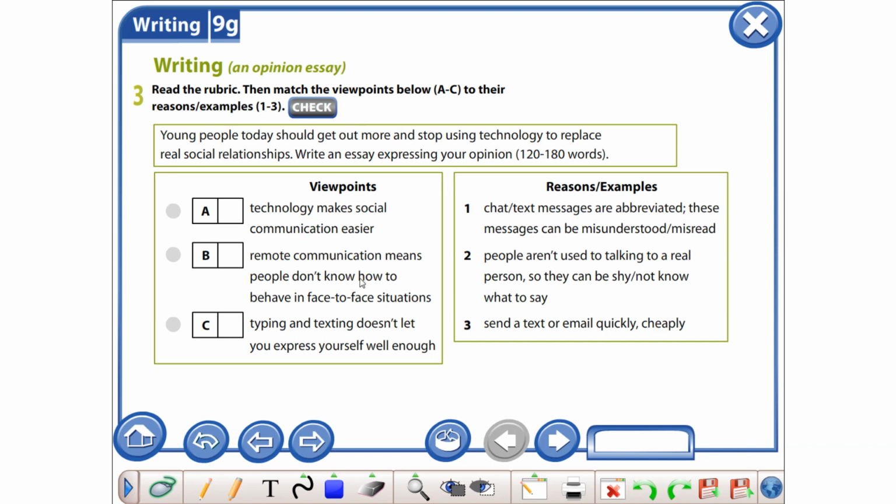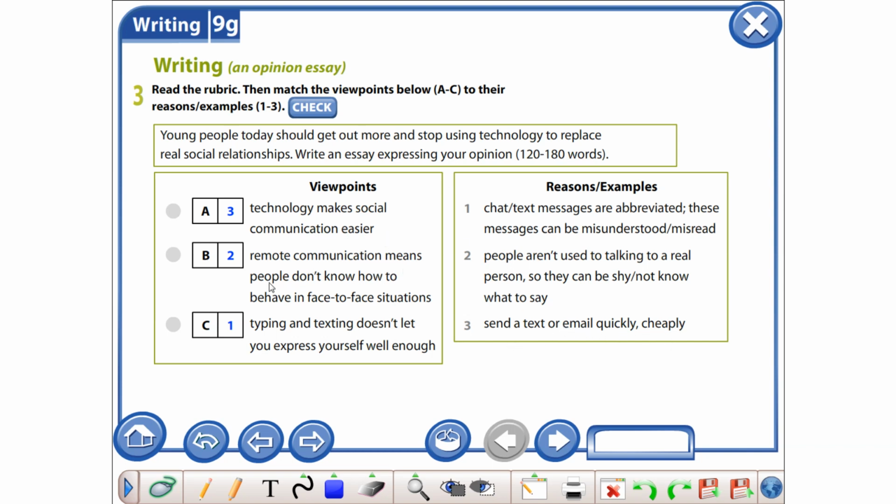A, 3, B, 2, and C, 1. Technology makes social communication easier. Send a text or email quickly, cheaply.